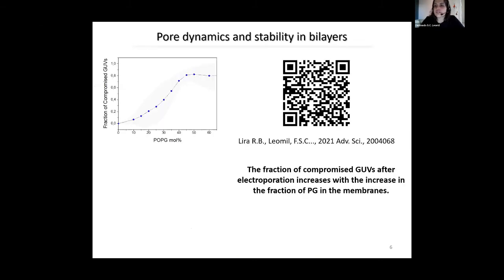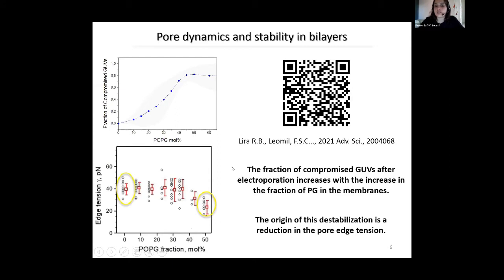In our recent study with PG, we also showed that the fraction of compromised GUVs after electroporation increases with the increase of the fraction of PG in the membrane, and that the origin of this destabilization is a twofold reduction in the pore edge tension for those GUVs, as we can see here in this graph, for GUVs containing 50 mol% of POPG.